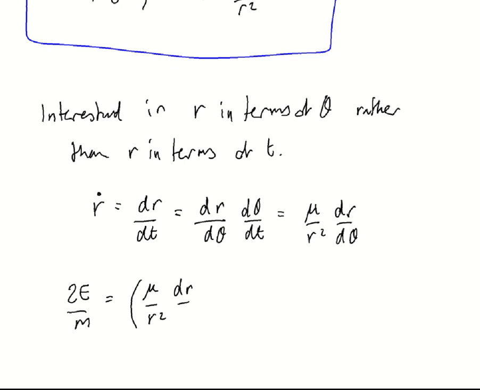There's r dot, which now turns into terms of theta, plus r squared theta dot squared. I've got the potential energy over here. So that's the kinetic energy in terms of theta. So let's just simplify that out a little bit too.